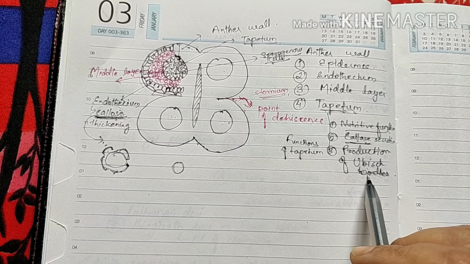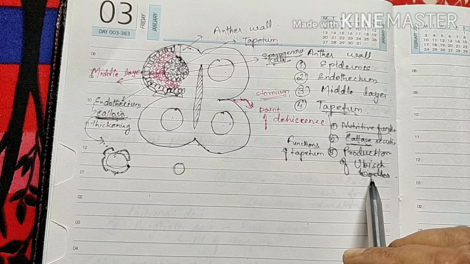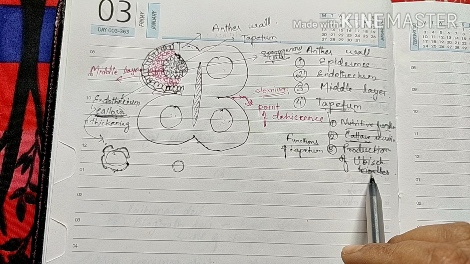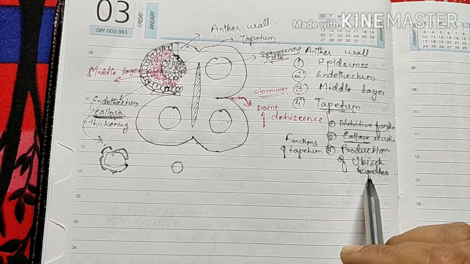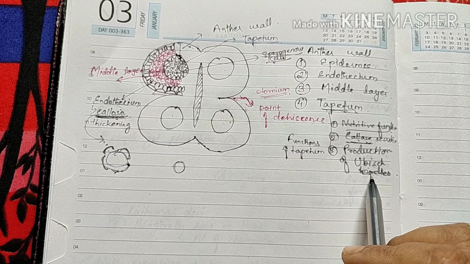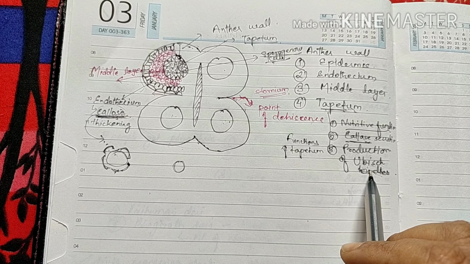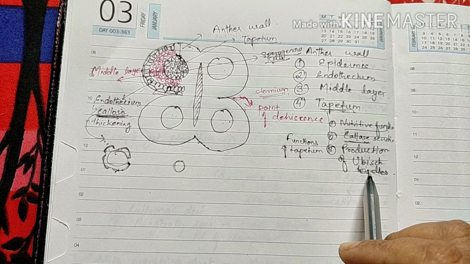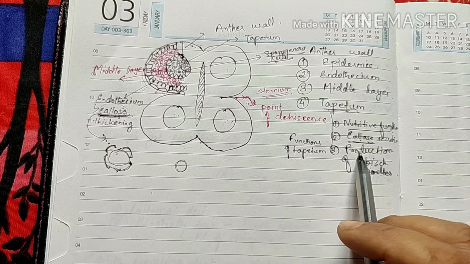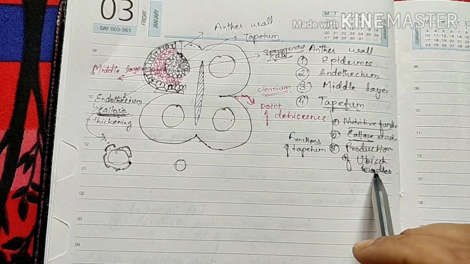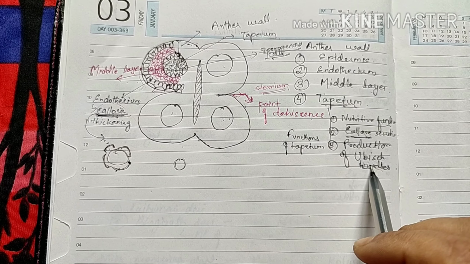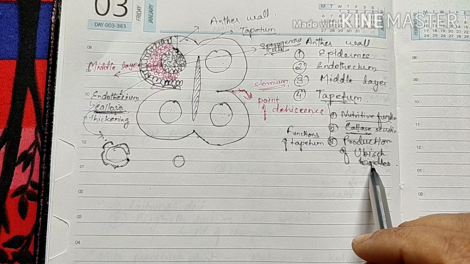It helps in the formation of the exine layer of the pollen grains, which is resistant to the unfavorable condition, and it protects the pollen grains. It makes it viable for several months and years. So this is the most important function. It helps in the formation of the pollen grains.